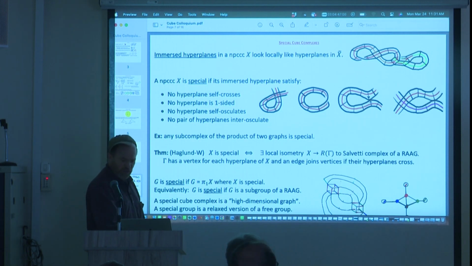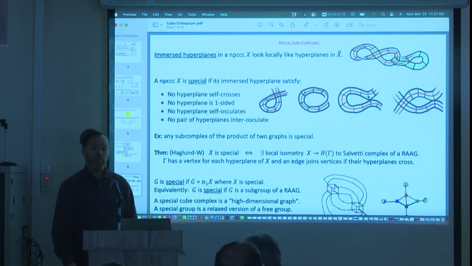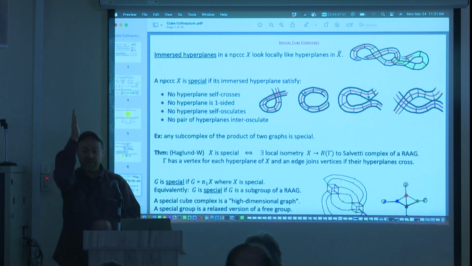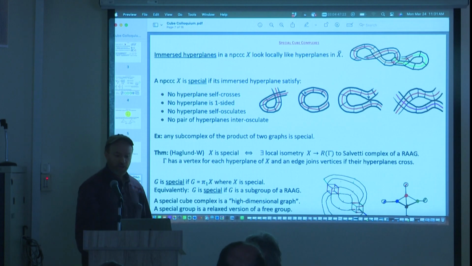And I've illustrated the things that are not allowed over here. First, second, third, and fourth. No hyperplane self-crosses. This is not allowed. No hyperplane is one-sided. So in the picture of the cat zero cube complex, as I told you, there's a left side and there's a right side. I want that same behavior, right?